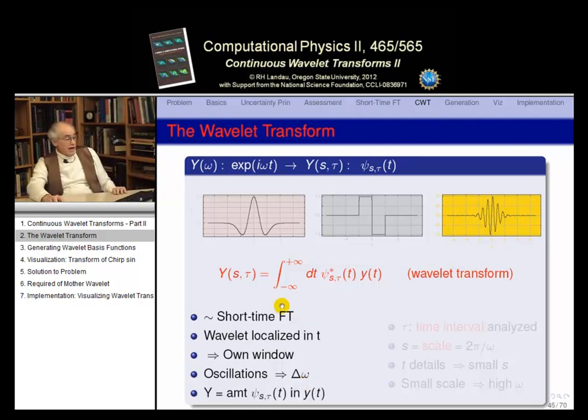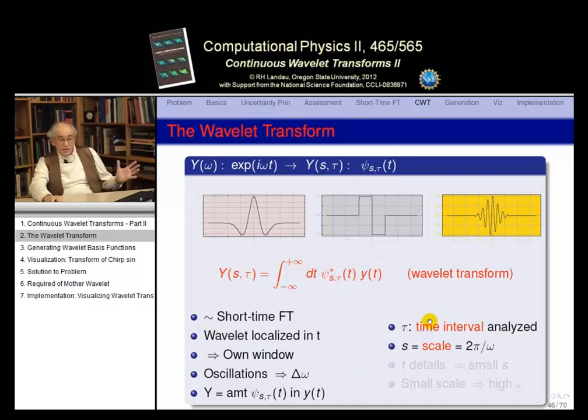And so what capital Y, what the transform represents, as always, is the amount of, or the correlation of, a wavelet present in the signal. Okay? Just like the Fourier transform gives you the amount of e to the i omega t present for any value of omega, the same is true here. It's the amount of any wavelet in the signal. That's what a transform is.